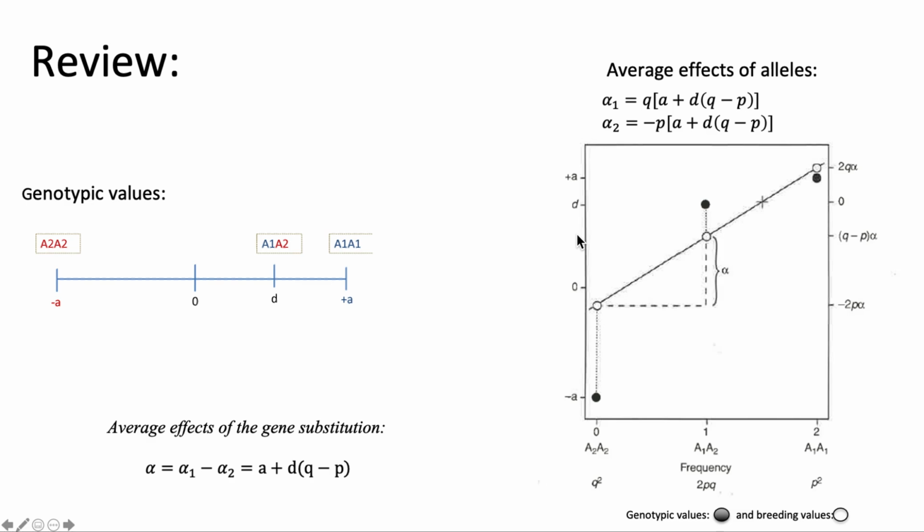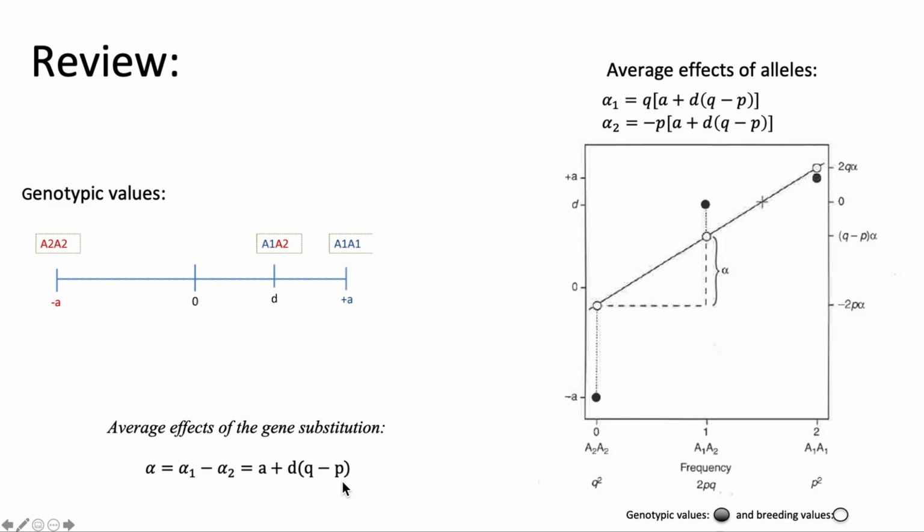And third, for the gene substitution effect, remember that basically we try to take into account the additive effect plus the dominance plus the allele frequency. So the allele frequencies, as you can see here, are really important.